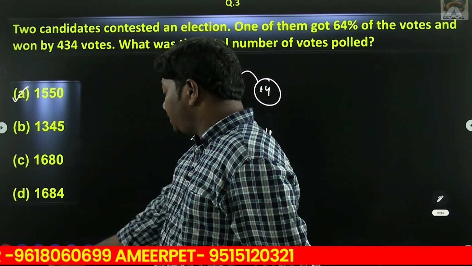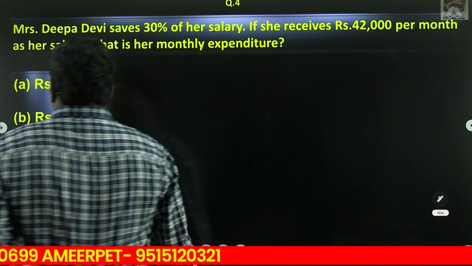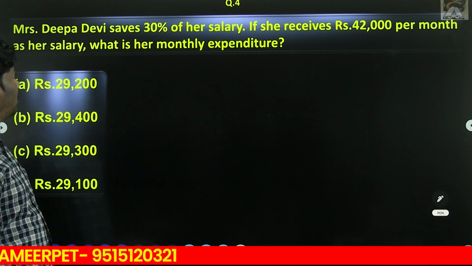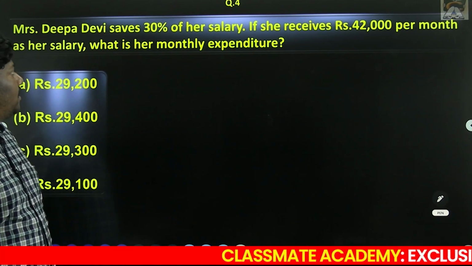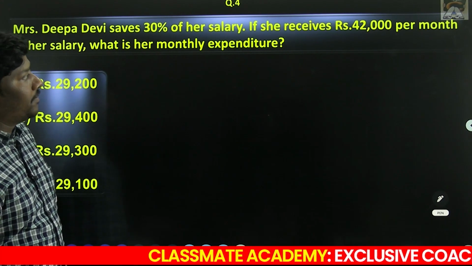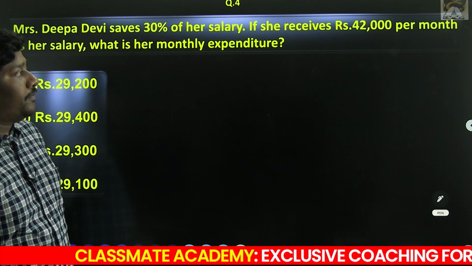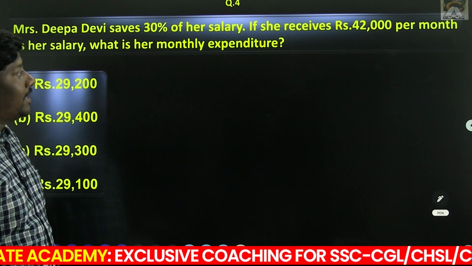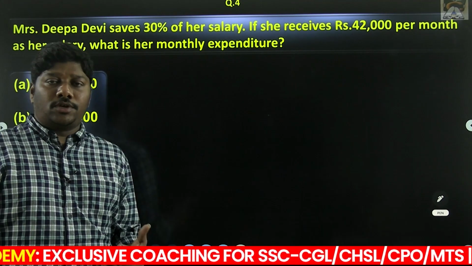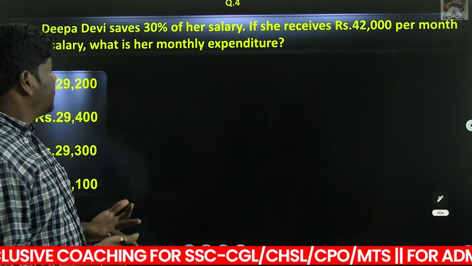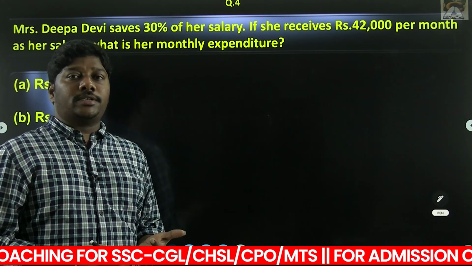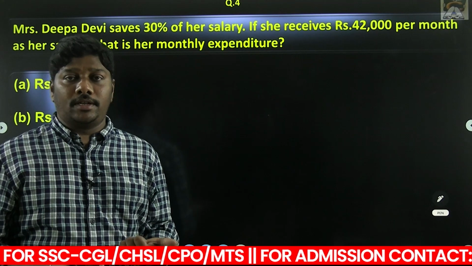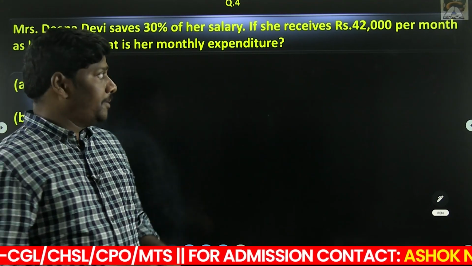Look at the next one. Mrs. Deepa Devi saves 30% of her salary. If she receives 42,000 per month as a salary, what is her monthly expenditure? This is again a simple one. If she saves 30%, obviously she will spend 70%.